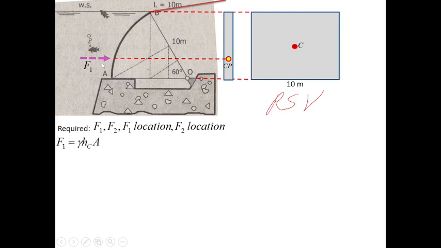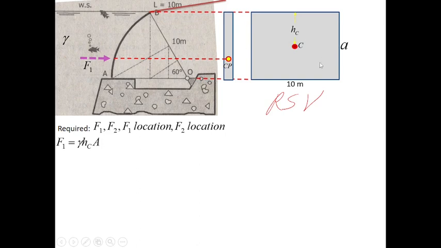So yung F1 is equal to the specific weight of the liquid multiplied by H sub C. Ito yung ating H sub C, the distance between the water surface down to the centroid of this vertical projection of the gate.